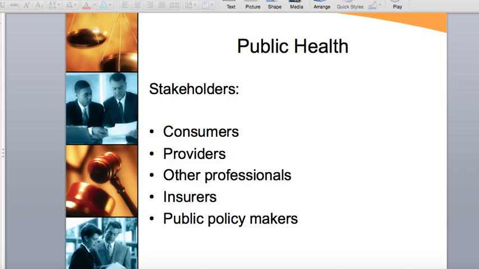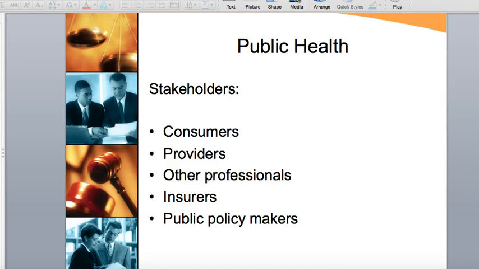We also know that insurance companies have a lot of power and influence, and may oftentimes have more authority than providers, because they dictate how much they're going to pay for services offered to that clinician. One of the biggest complaints from medical providers is that insurance companies are, in essence, in charge of the patient plan of care, because they are dictating what services they're going to pay for.